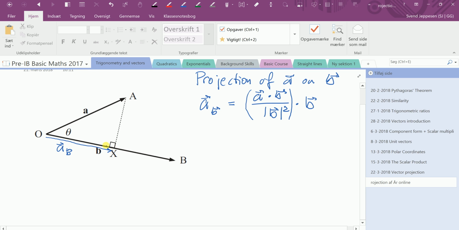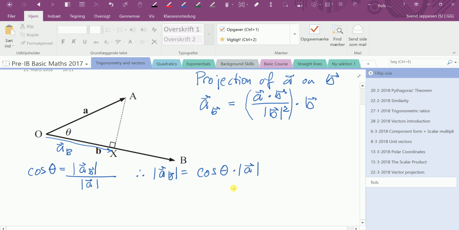So that would be the cosine formula, and the cosine of the angle here would be the adjacent side here, which is the magnitude of the projection, divided by the hypotenuse, which is the magnitude of A. So therefore, the magnitude of the projection will be cosine of the angle times the magnitude of A. Well, that is pretty straightforward, I guess.